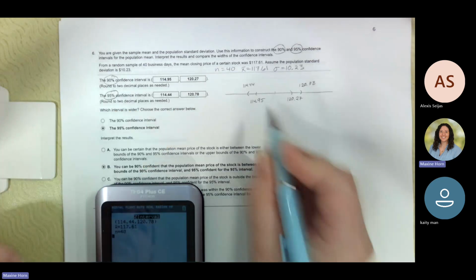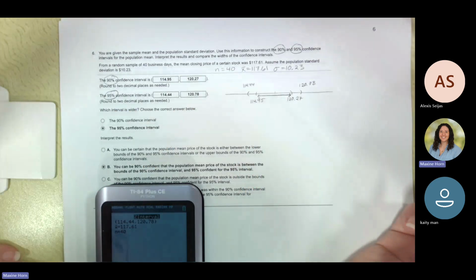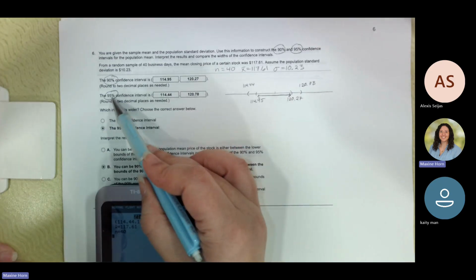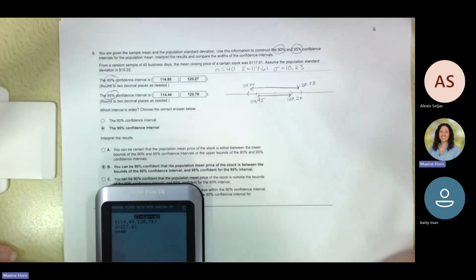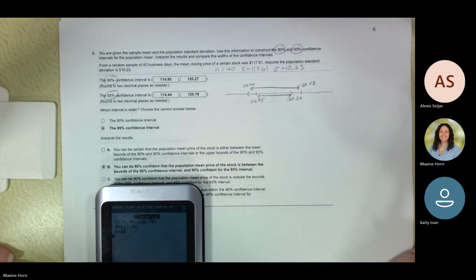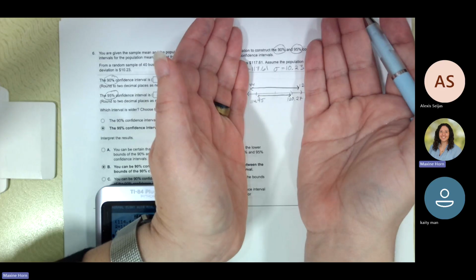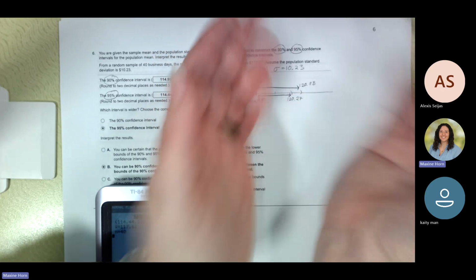So if I need to be 90% confident, I'm going from here to here. But if I want to be more confident, I have to expand the set of numbers I'm looking at, right? 95% confident is here, but if I only care about being 90% confident, I can narrow my view.